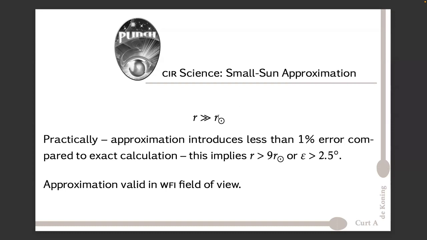Practically, I'm defining this quantitatively by comparing the exact expression to the approximate expression, and looking for the place where the approximation introduces less than 1% error. This seems to occur at around the point where the radial distance at which scattering occurs is greater than 9 R solar, or where the viewing angle epsilon is greater than 2.5 degrees.